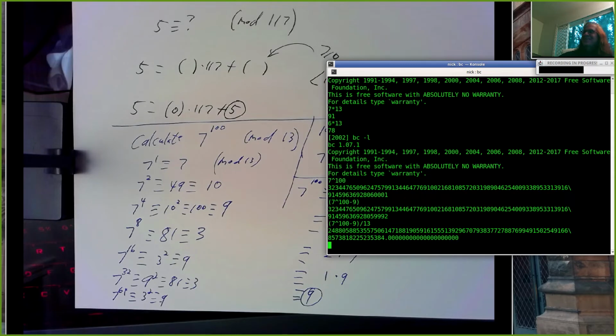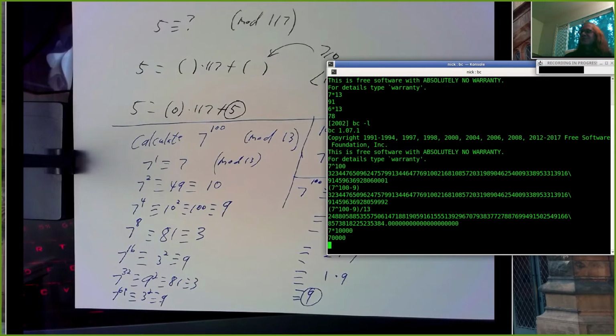Right. Yeah, and there's no slick shortcut for that that I know of. But if you've got a Unix machine, bc is usually built in, and bc -l will do arbitrary precision. 7 to the 10,000 will take it a while, but it will get there eventually.